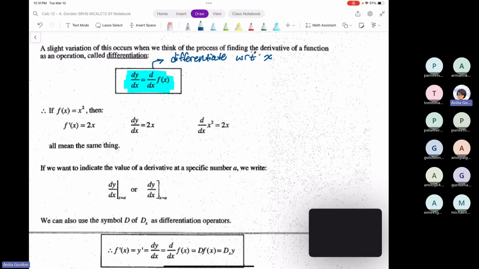If I have the circle equation, x squared plus y squared equals r squared, do we know that equation? Okay, so if I take a d by dx, I could say take the derivative with respect to x, or I could say take the derivative with respect to y, because the equation depends on both x and y. Okay, so this notation is just telling you which variable to do the derivative with.